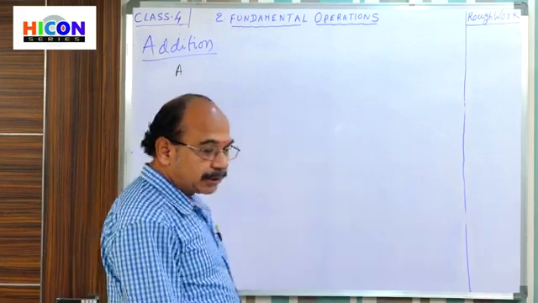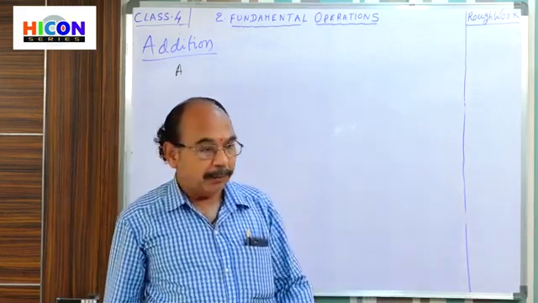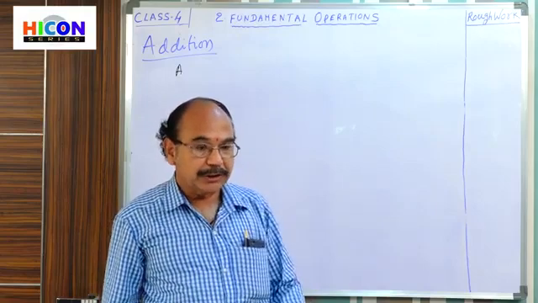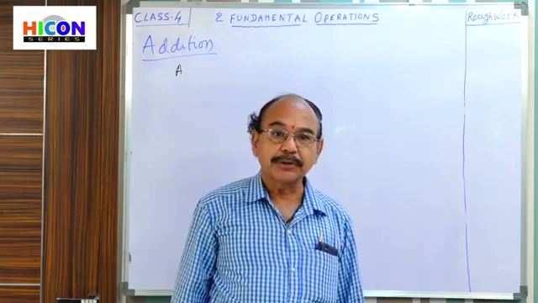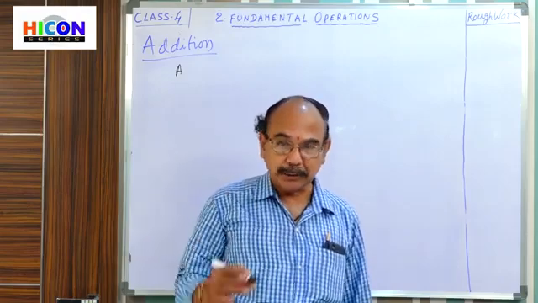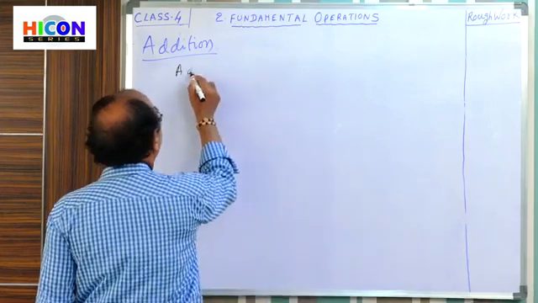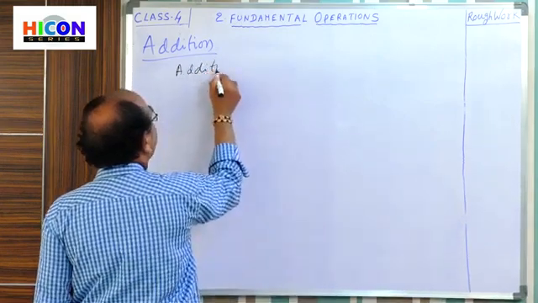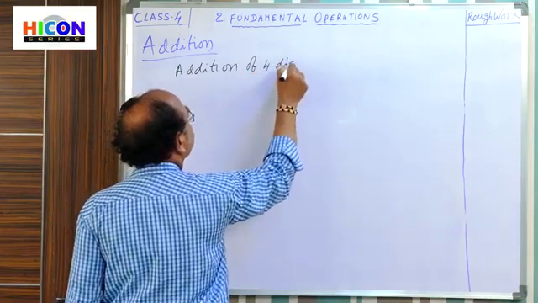In the lower classes, that means in your previous class, already we have studied about addition of 1-digit numbers, 2-digit numbers, 3-digit numbers. Okay. Let us come up step by step. So here, addition of 4-digit numbers.